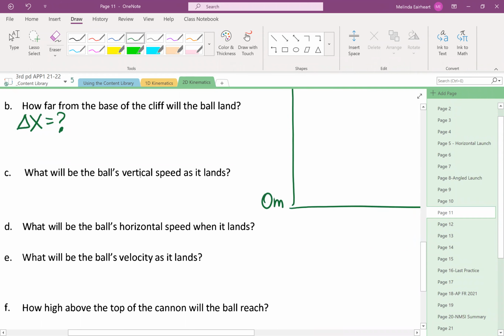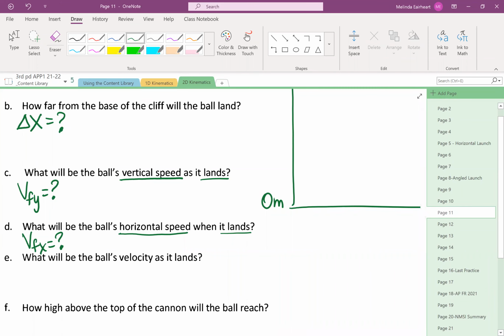And then C, D, and E all kind of interrelate. C says, what's the vertical speed as it lands, or vertical velocity? And so vertical final. D, what's the horizontal when it lands? So V final X. E, what's the velocity? No mention of direction.